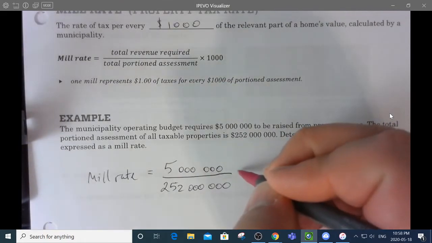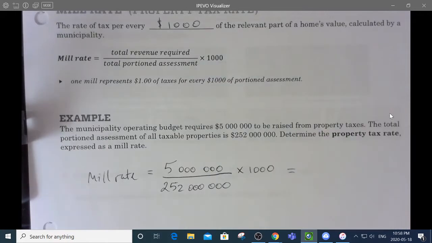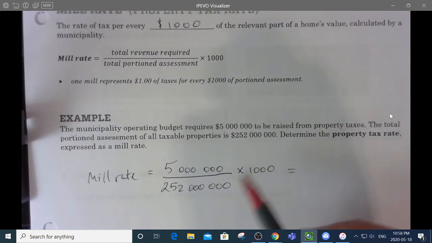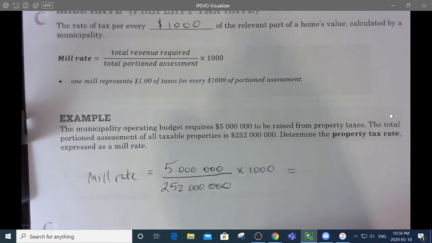And then times $1,000. And my screen's frozen here for a sec. I'm sure it'll come back. There we go. If you run that through your calculator, you don't have to type in all these zeros. Remember, the 3 zeros on the top cancel the 3 zeros on the bottom.